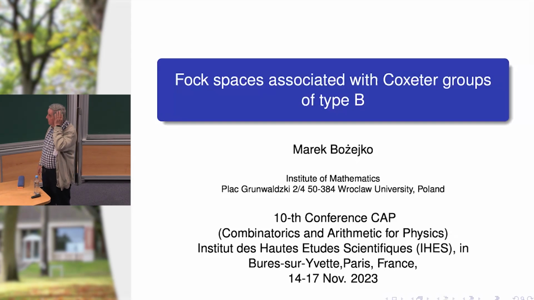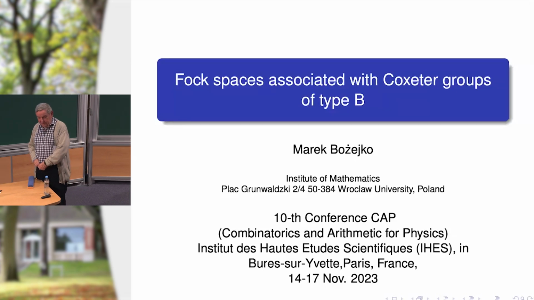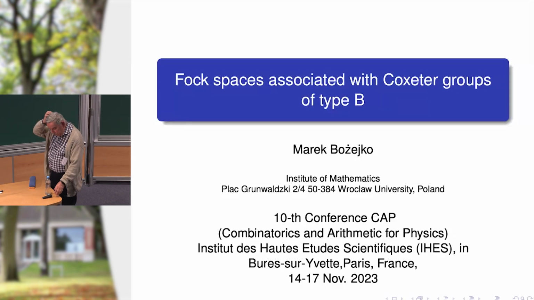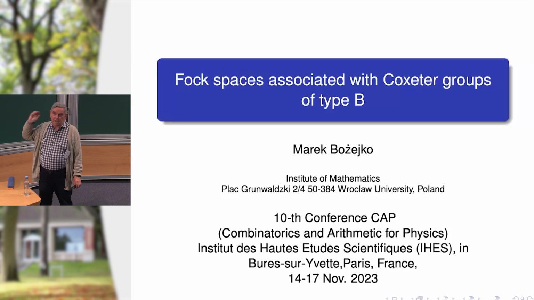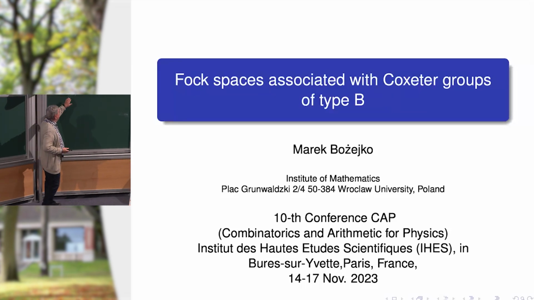So my talk is related with combinatorics and with some physics, because of Fock space, at least that name. Coxeter groups. This is the main Coxeter group. What I speak about here is only the permutation group or sign permutation group, that means the hyperoctahedral group.